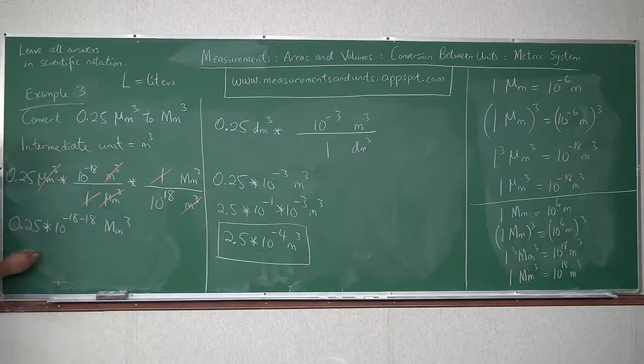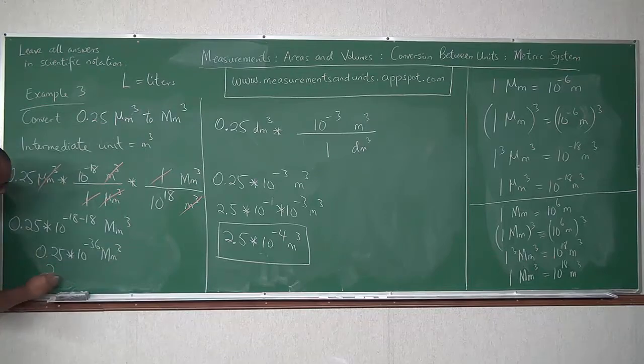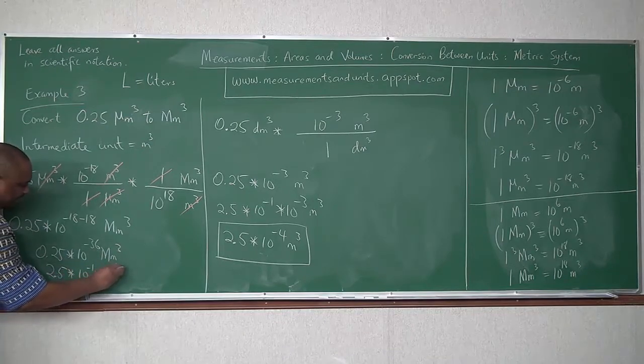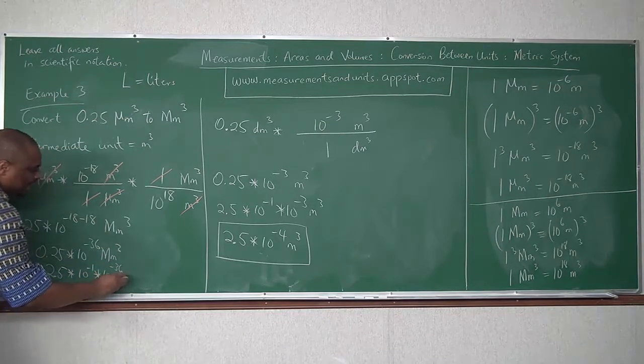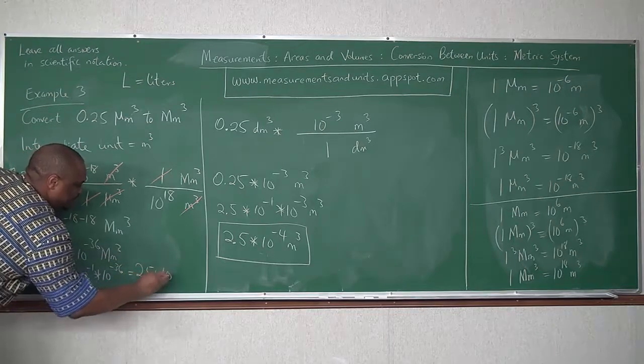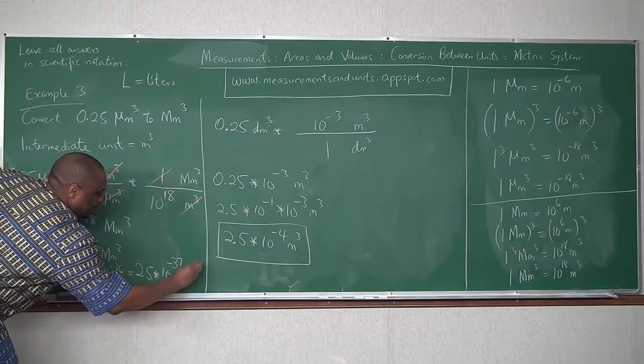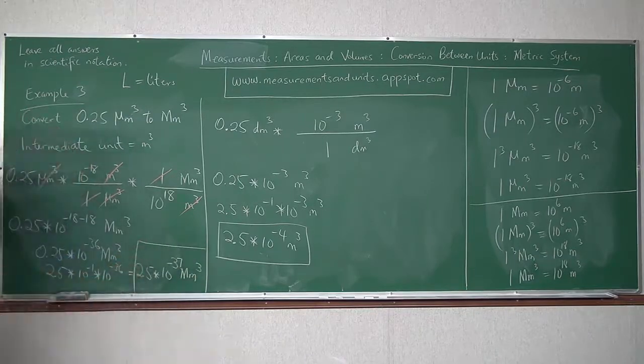So this will be 0.25 times 10 to negative 36 megameter cube, which is now 2.5 times 10 to negative 1 times 10 to negative 36, and that will give us 2.5 times 10 to negative 37 megameter cube. That becomes your answer.